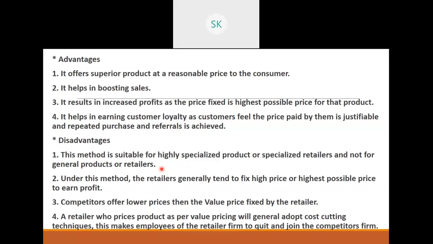So general products, it's difficult for us to do value pricing, because if we don't consider the profit element, companies will be at loss. They will not be able to do any of the further expansion in the business. Then under this method, the retailers generally tend to fix high prices or the highest possible price to earn profit.